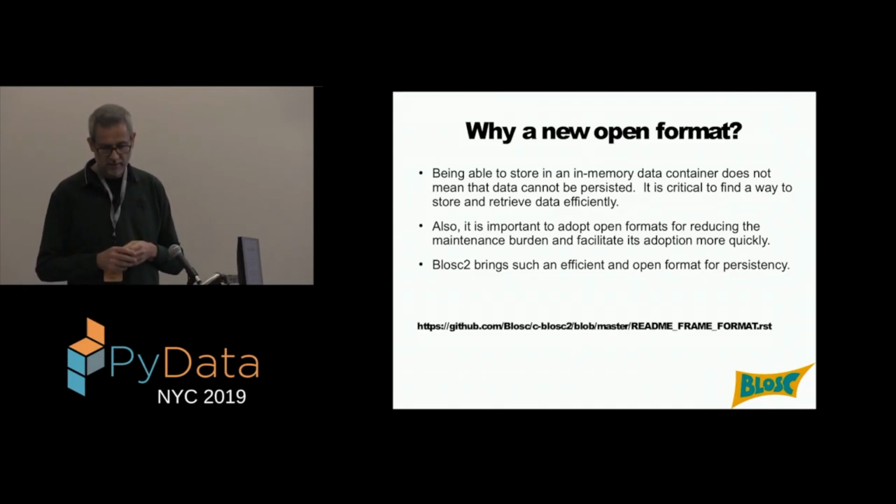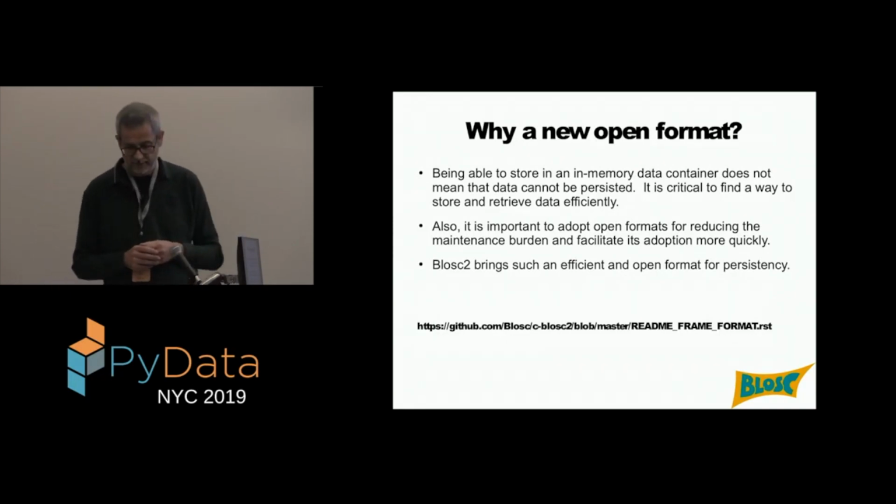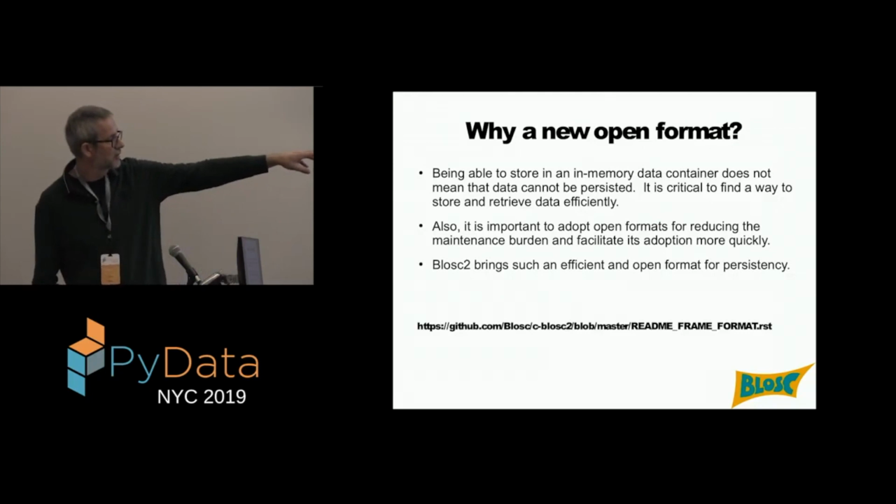Also, it's important to adopt open formats, in our opinion, for reducing the maintenance burden and to facilitate adoption more quickly. And Blosc2 brings exactly that, an efficient and open format for persistency. You can read more about the format there.